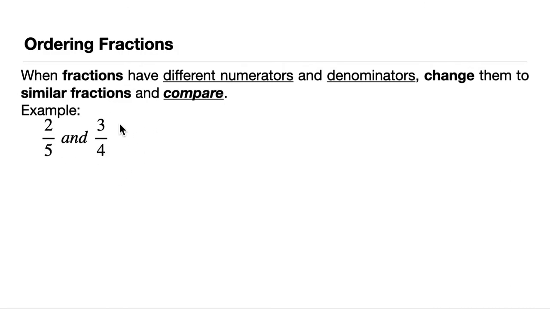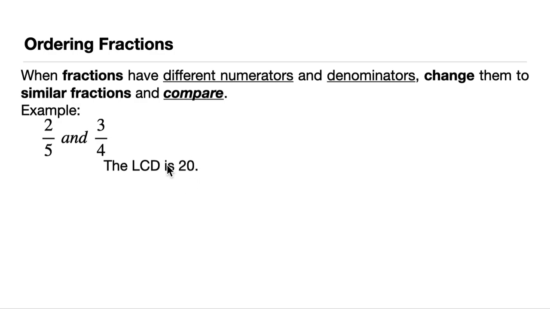First, we need to make them similar. And to make them similar, we need to find the LCD first, the least common denominator. So the least common denominator is 20. Then we're going to convert each one of them to a fraction which has the denominator of 20.